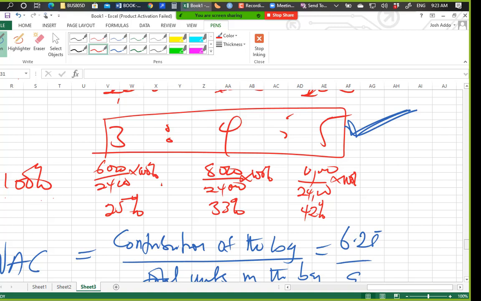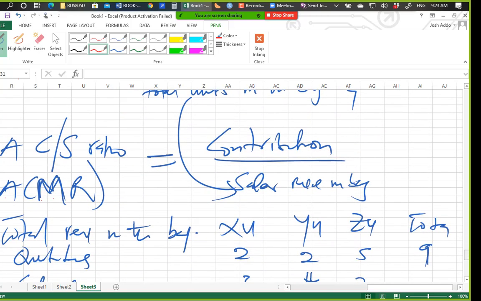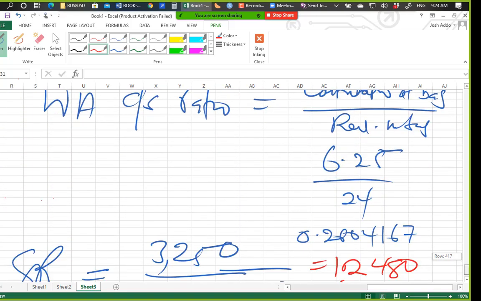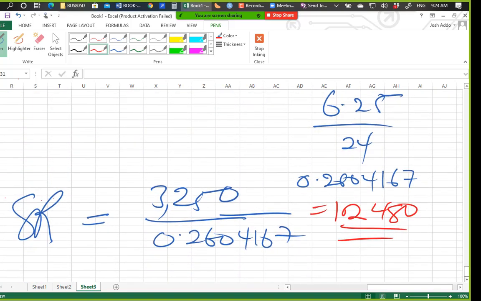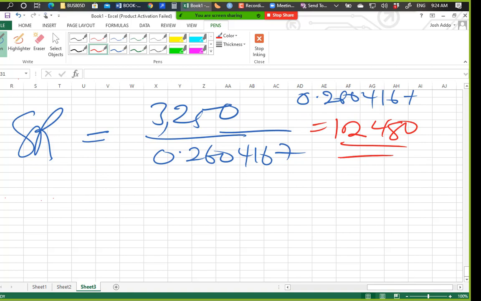So now the 12,480 splits according to their sales revenue ratio of 3:4:5. So let me do the schedule. We have XU, YU, ZU.